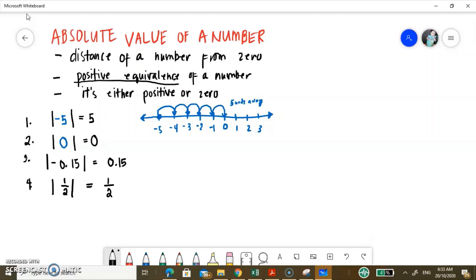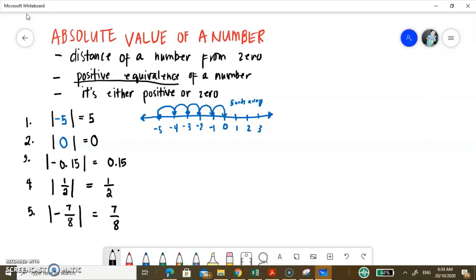Okay, just remove the vertical bars. If you're asked to find the absolute value of -7 over 8, then you just have to remove the vertical bars. You remove the negative sign. You would have 7 over 8. Okay? So, it's as easy as that. Ganun lang yung gagawin nyo to get the absolute value of a number.